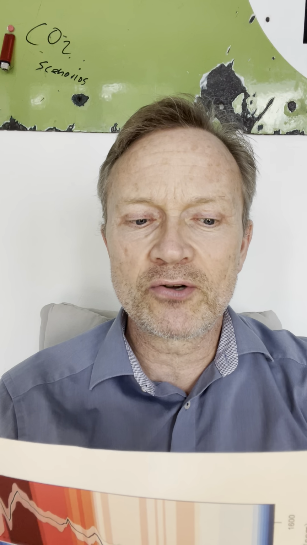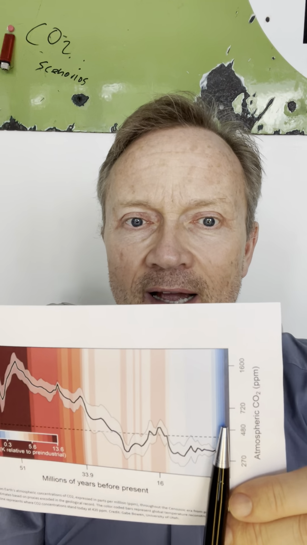And there are certain temperatures here which are 4 or 5 degrees higher than pre-industrialization. But we are going to 600, 720, 840, something like this. The nice thing about 720 is that there's a 720 mark on this diagram. This is 480, 720. You go here and you're going to cross the line there.